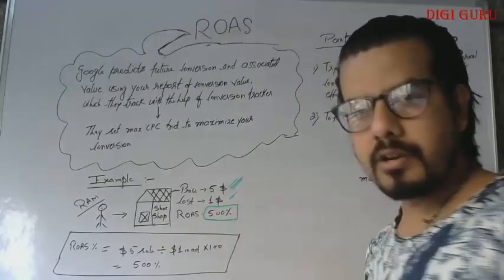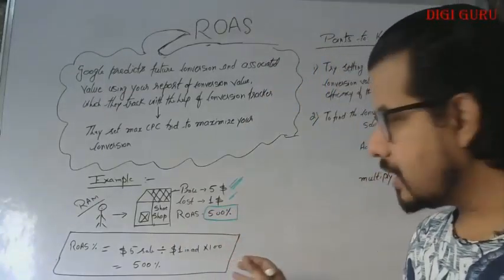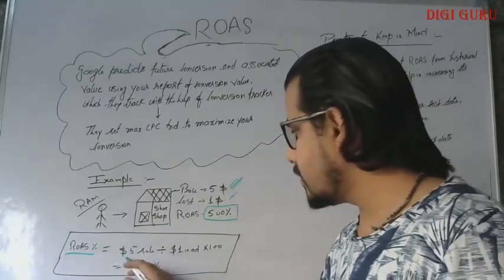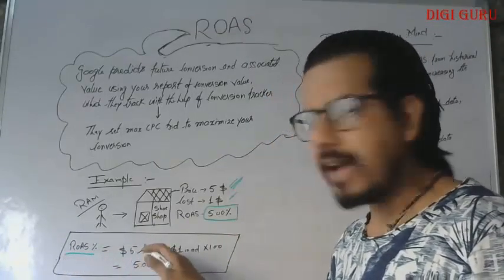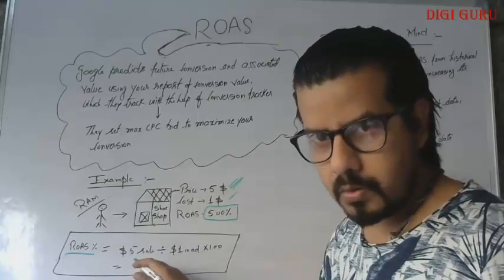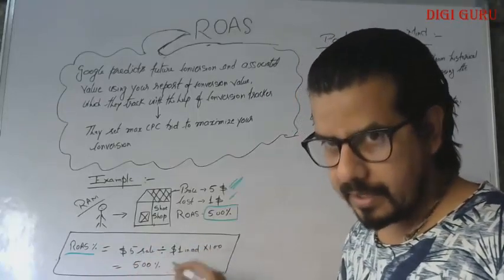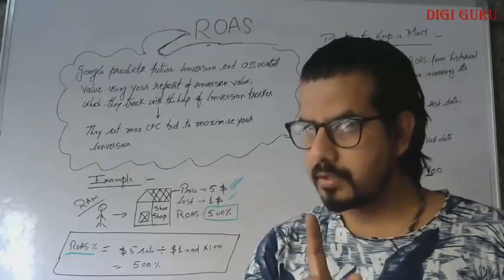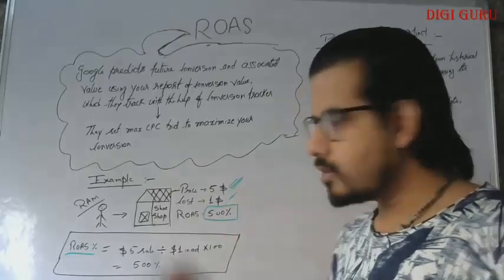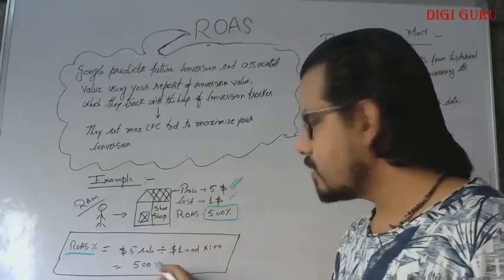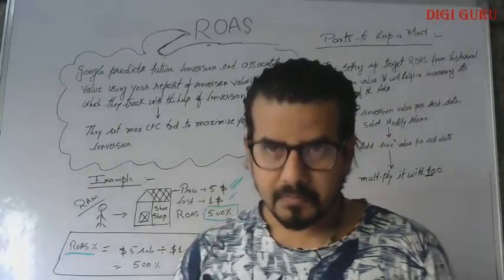So how did I come to this calculation? If I need to find the ROAS percentage, then I need to divide the value of one product being sold by the amount that you want to spend for one conversion, into 100. So in my case it is 5 divided by 1 into 100. So it is 500 percent, right?